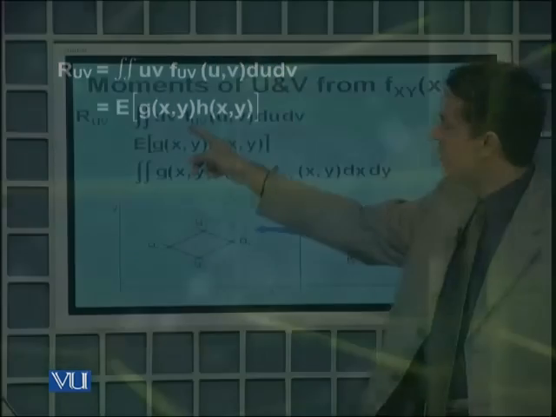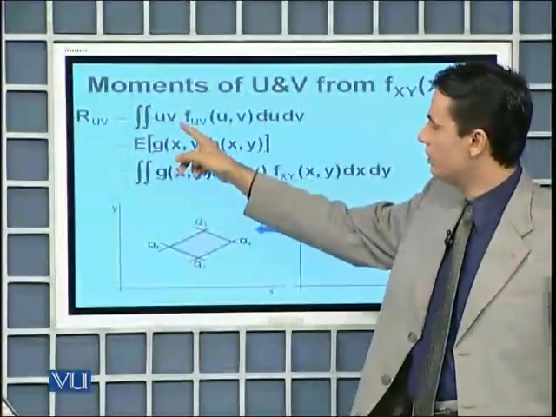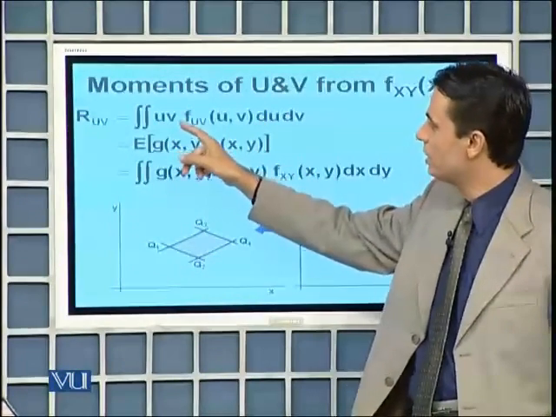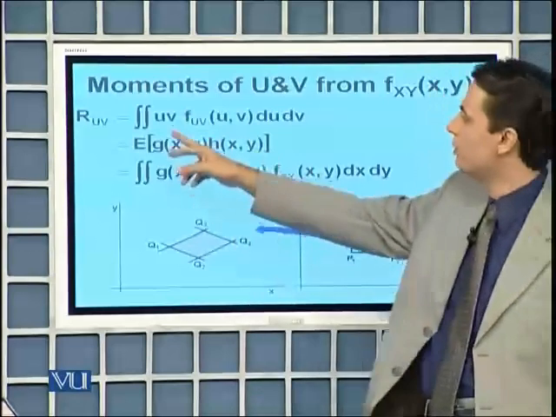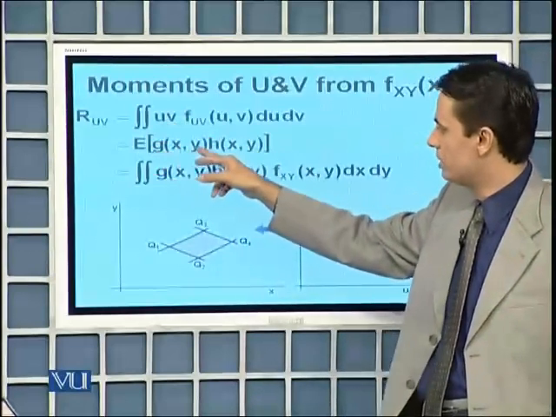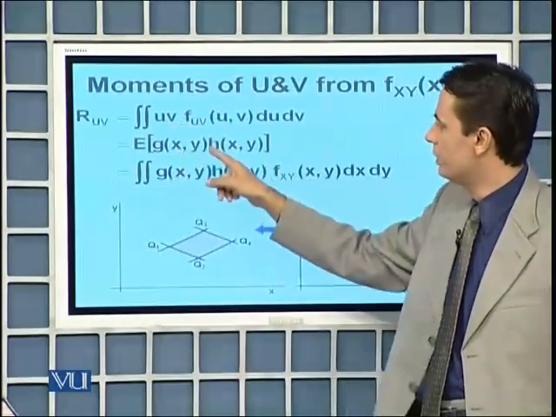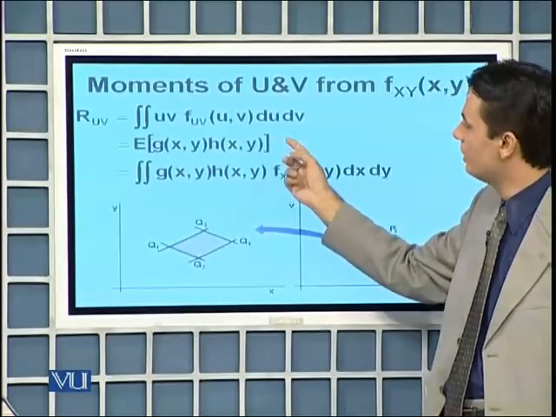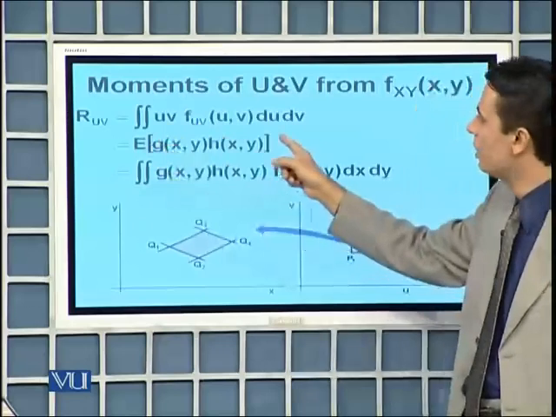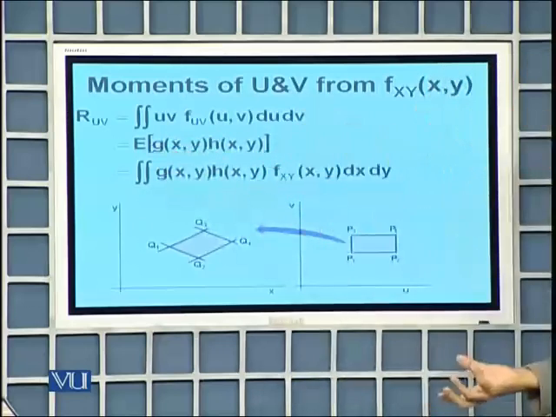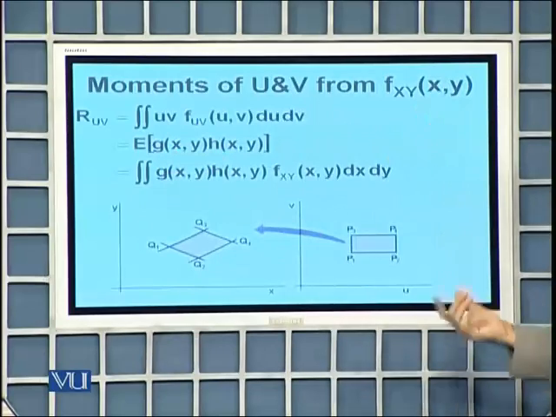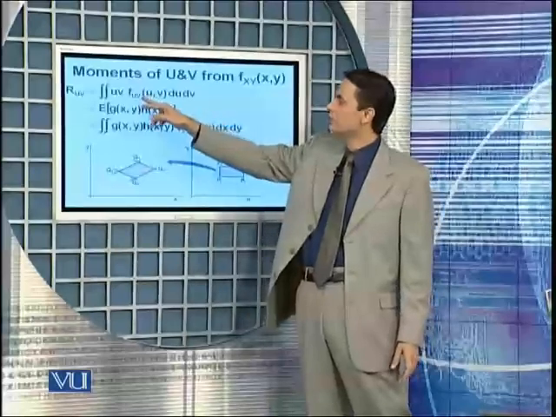So by using this joint PDF of u and v and taking u and v here, you are actually trying to find the expected value of this u, which is g of x and y, times this v, which is h of x and y. And when you are finding the expected value of this multiplication, you can use the joint PDF of x and y instead of the joint PDF of u and v.